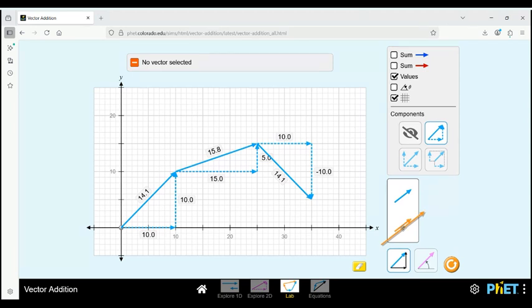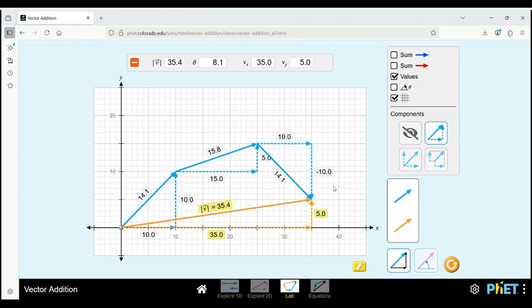So I can add up all of my x components and all of my y components, and that's what we'll usually do. Now, if I put on my orange vector and I draw it like this, you'll see that the components of my orange vector are equivalent. My x component is positive 35, my y component is positive 5.